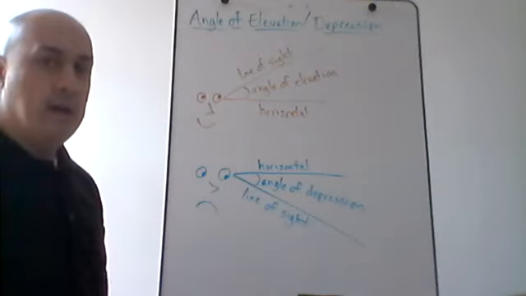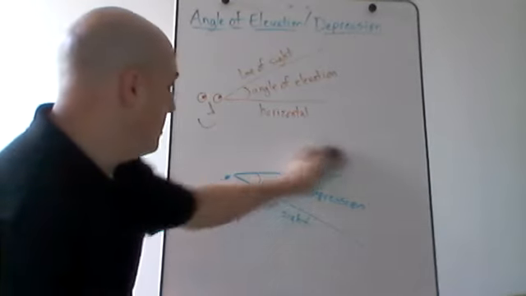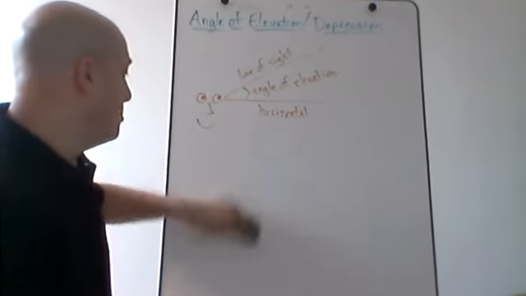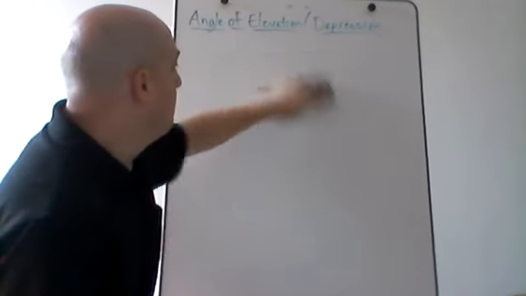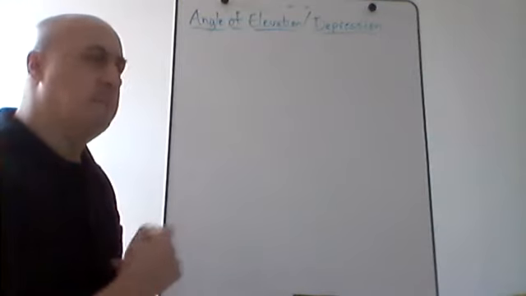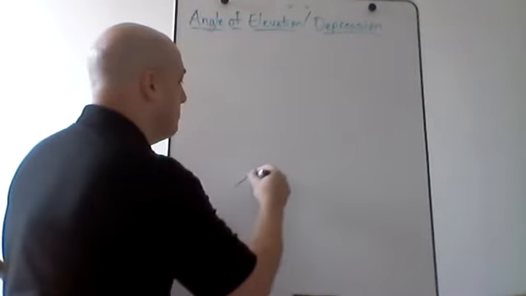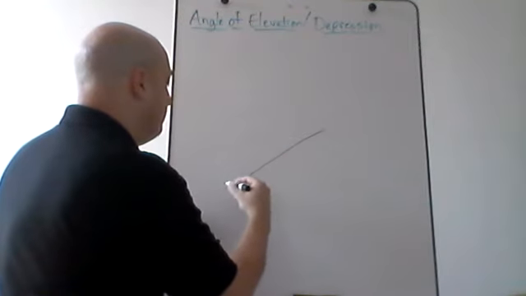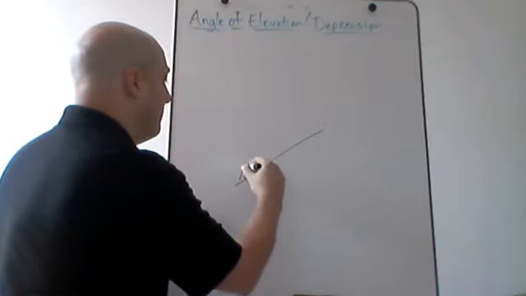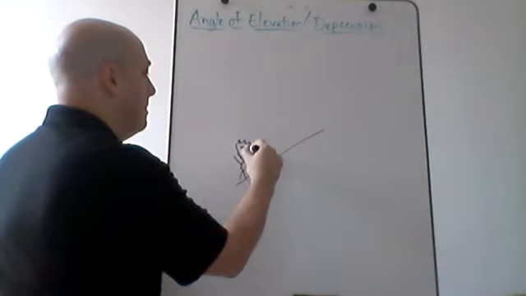One other thing I want to point out. Let me erase both of these so I have enough room to draw. If we have our angle defined not in terms of the horizontal, let's say we're standing on a hill, looking up that hill at something on the top of the hill.